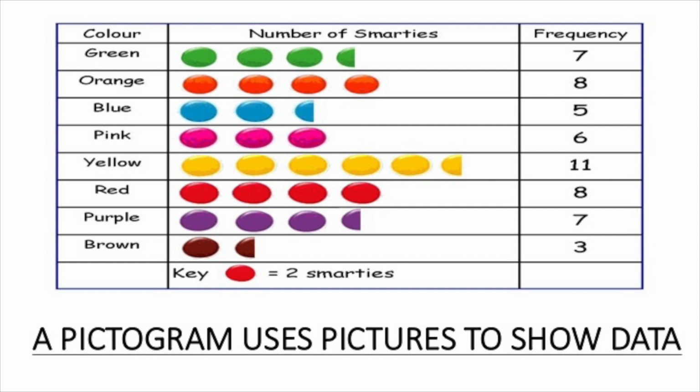And then blue? 5. Pink? 6. Yellow? Red? Purple? And brown? Only 3 for brown. You see, 1.5. But 1.5 times 2 equals 3.